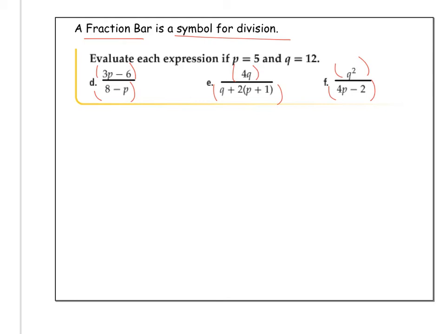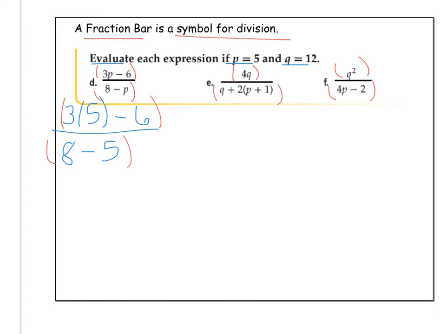So we're going to start by evaluating each expression with the given values. So we plug in for P. Looks like P is 5. Multiplication. All over 8, we have P again, which is 5. So it's like I'm treating each one as separate parts.